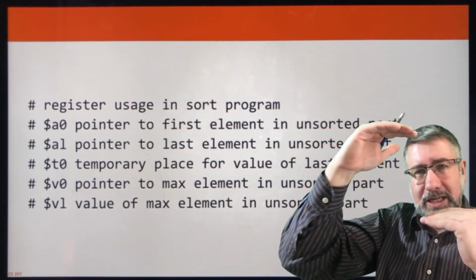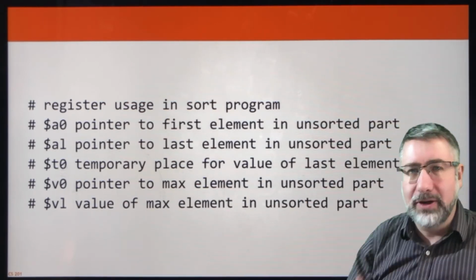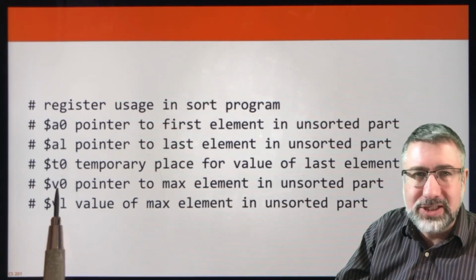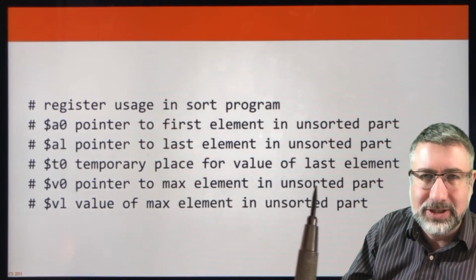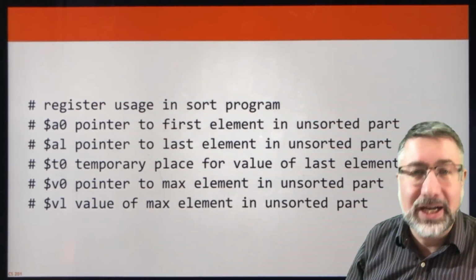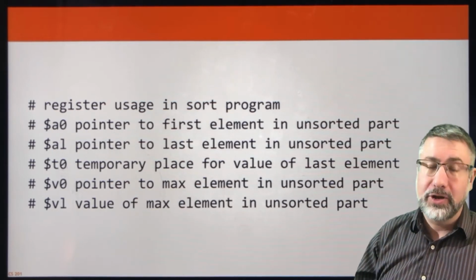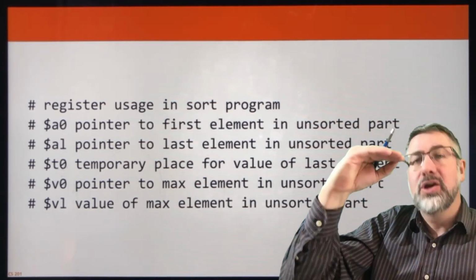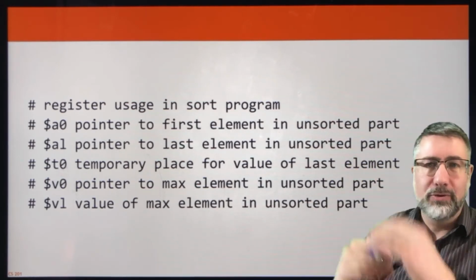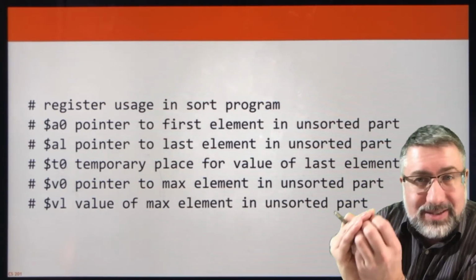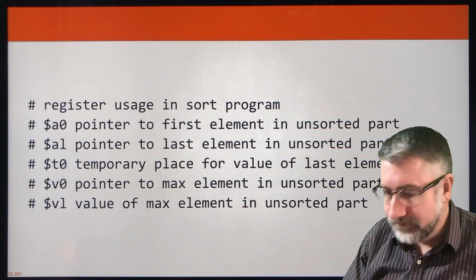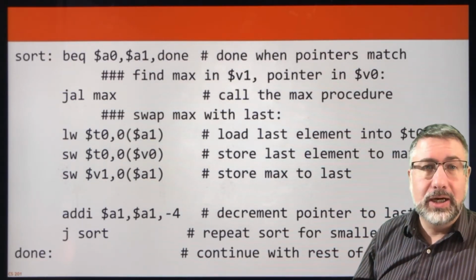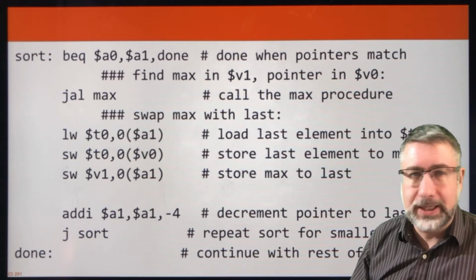There's a pointer to the beginning, a pointer to the end, and then you can carry on and look through the whole thing. Then I'm going to have V0 be the pointer for the max element in the unsorted part, and V1 be the value of the max element in the unsorted part, so that when I'm done that subroutine, I can just swap the element I found with the last element, and then I know that element has been sorted.